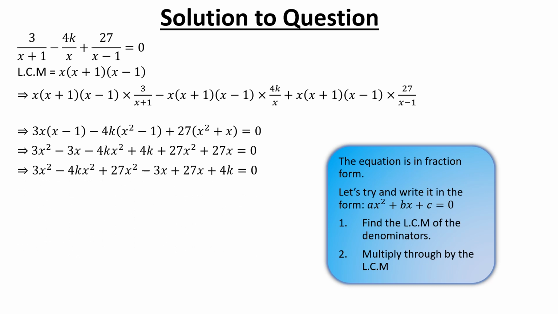Now we rearrange it to group like terms. So all those with x squared are brought to one side. As we can see, the ones with x squared are this and that, so we bring them together here.